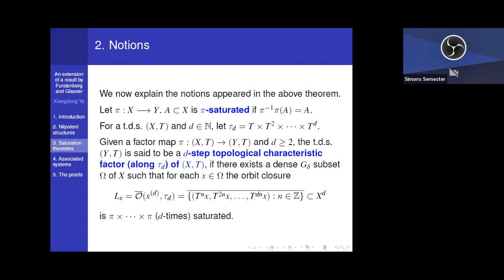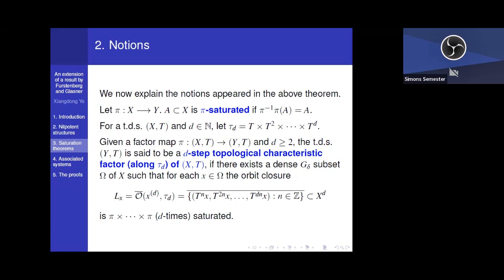So it means if you have an orbit here, the fibers will be occupied. It's more or less like weakly mixing, but it's not weakly mixing. It's weaker than weakly mixing, but still, in some sense, complicated.